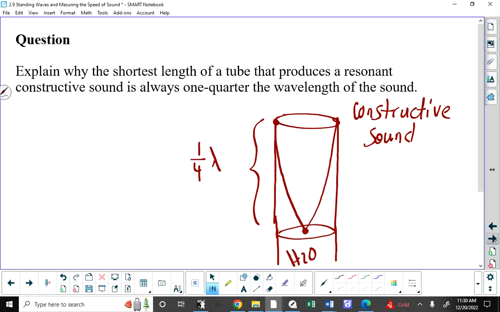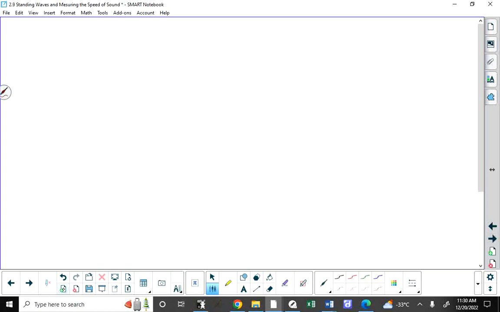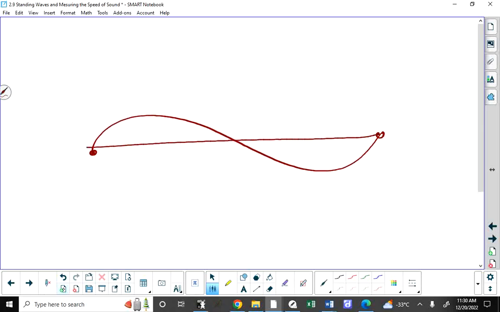So let's just think about this for a second. If that was at about 16, and a full wavelength, and again, I'm drawing a transverse wave here, but a full wavelength is that distance, and this happened at about 16 centimeters.